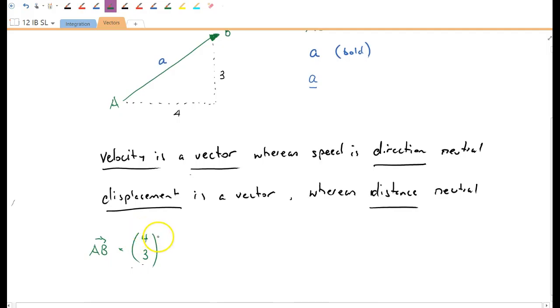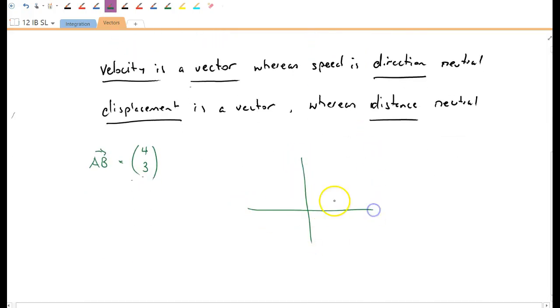You'll be used to this from coordinates on a number plane: 4, 3 would be the coordinates 4, 3. So the vector that takes you from the origin to the point 4, 3, if that's OA, has column vector (4, 3). This is the way of representing a vector in column format.